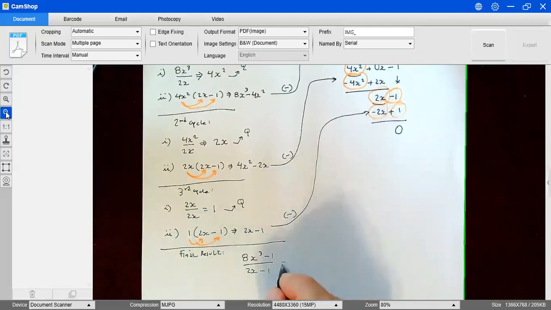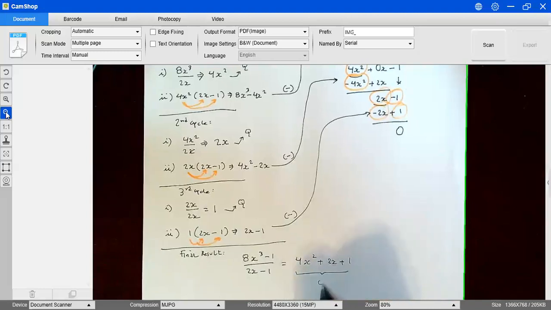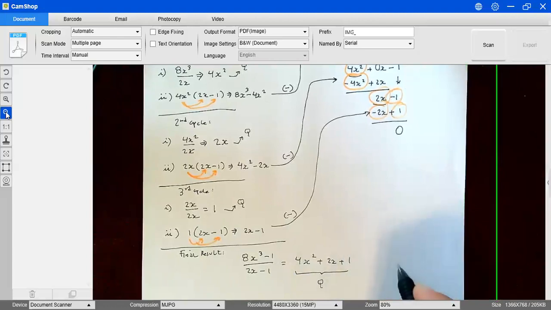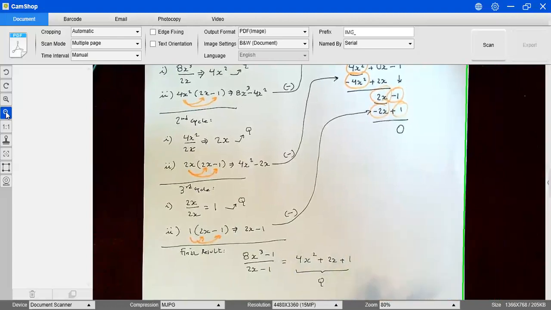You can write this by writing the quotient 4x squared plus 2x plus 1, that's the quotient. And there is no remainder because it's 0. So you don't need to write the fraction that goes here. So this is plus 0 over 2x minus 1, but 0 over 2x minus 1 is just 0. So there is no need to write it.